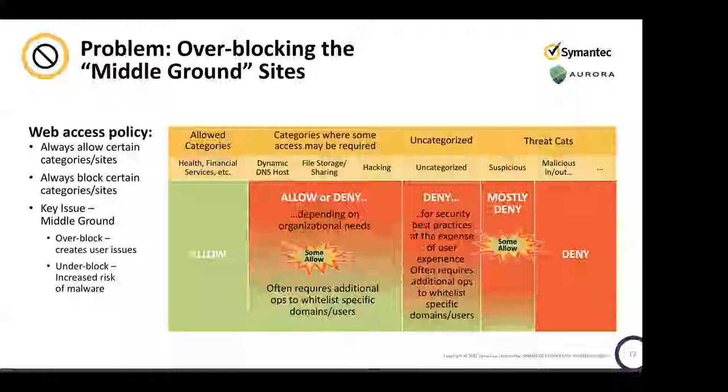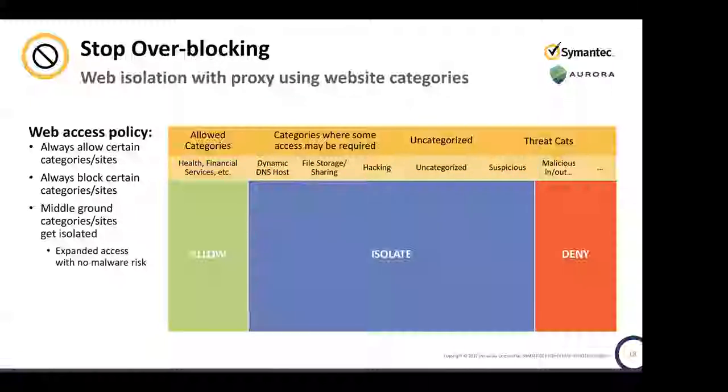Again, we know there's maybe some of those that we need to allow, but then there's a lot of overhead with this too. Right now, there becomes a lot of whitelisting. Again, we need an operations team to go in and open up these specific sites, and we have to start to maintain that list. Things like that can become really, really cumbersome. So we need ways to alleviate some of this pressure.